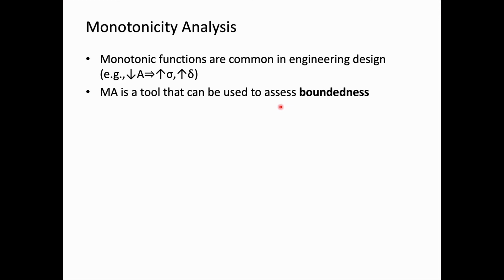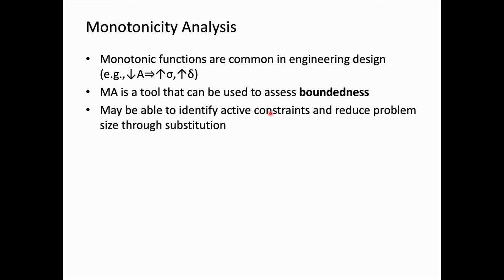But understanding the principles of monotonicity analysis can help us to do a better job formulating a problem that improves our chances of having a well-posed problem. In applying monotonicity analysis, we might be able to identify constraints that we can show are going to be active even before we solve the problem numerically.